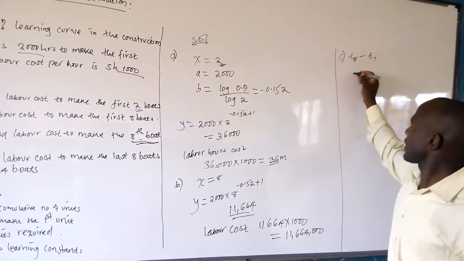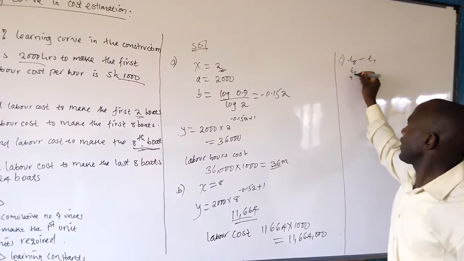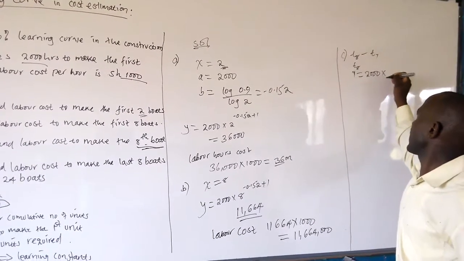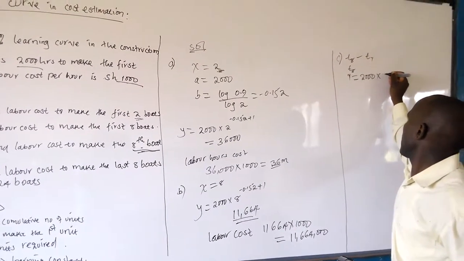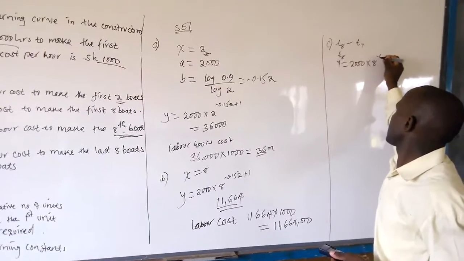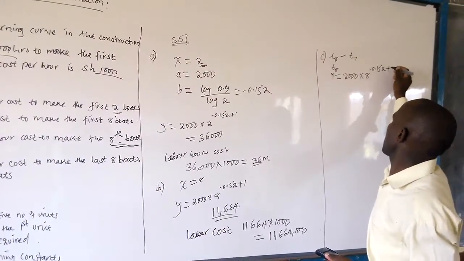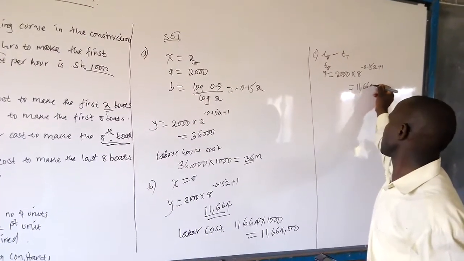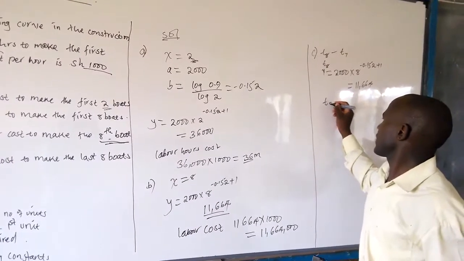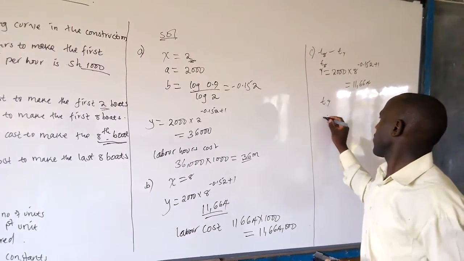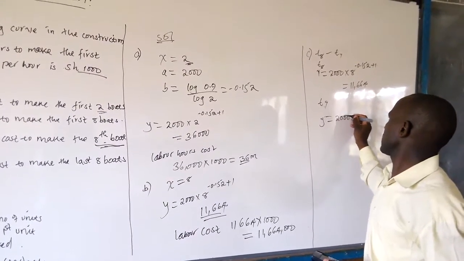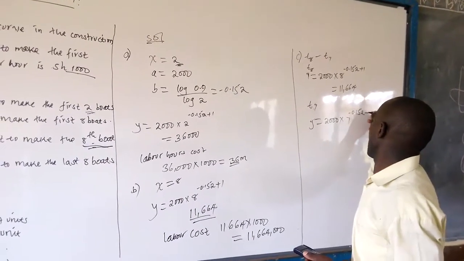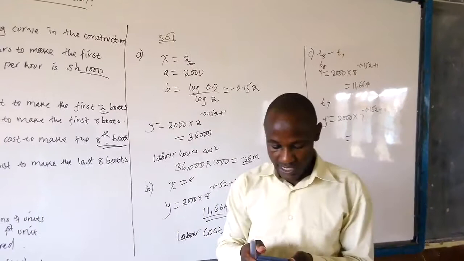For 8, y equals 2,000 times 8 raised to power negative 0.152 plus 1, and we obtained it to be 11,664. Then the time taken to make the 7th will be y equals 2,000 times 7 raised to power negative 0.152 plus 1.